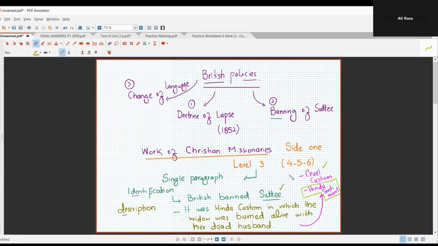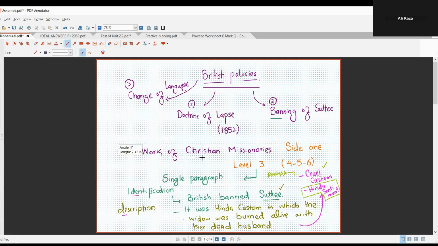So याद रखें, the most important part of your answer or a paragraph is your analysis. Analysis is the part which makes sense, yeah, which relates your information to the question. So now the examiner is able to understand कि अच्छा इससे तो उनका sentiment hurt हुआ, religious, that is why they were not happy with it.